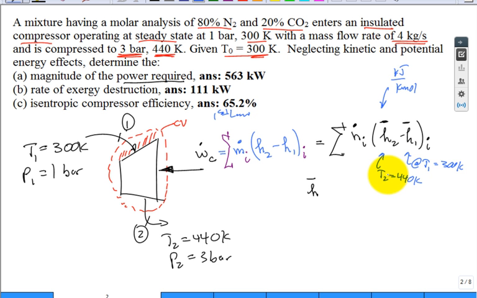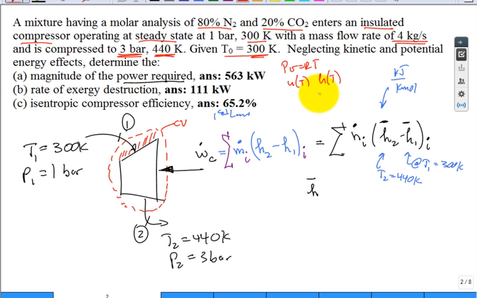For an ideal gas model, there are 3 things that we remember. We remember PV is equal to RT, the ideal gas equation. U is a function of temperature only, and H is a function of temperature only. So H is not a function of temperature and pressure. All I need is to know T1 and I get H1, and I know T2 and I get H2.